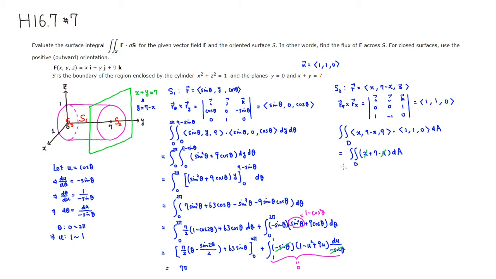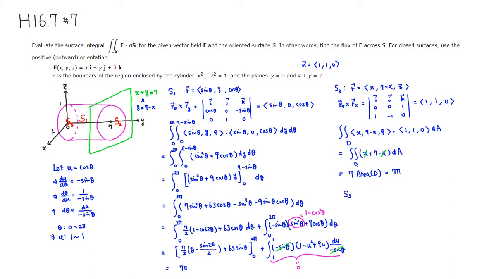If you pull out 7, this is just the integral over the disk of the area element, which means that this is just going to be the area of the disk D. This is a unit disk, so the area is pi, so this is going to be 7 pi. So that's S2.